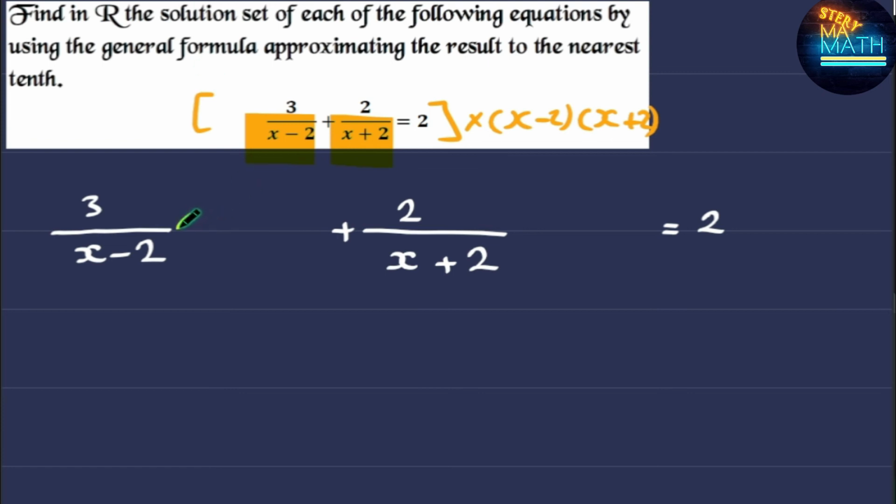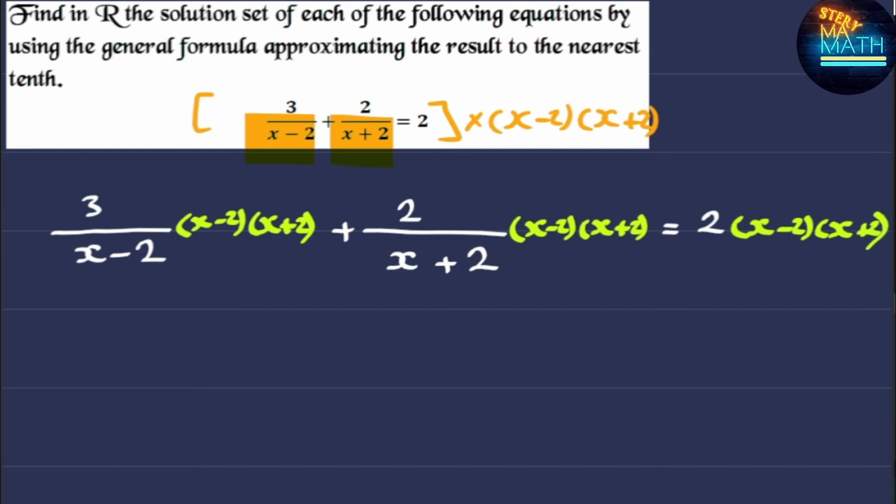Now we multiply each side by x minus 2 times x plus 2: the first fraction, the second fraction, and also the right side.